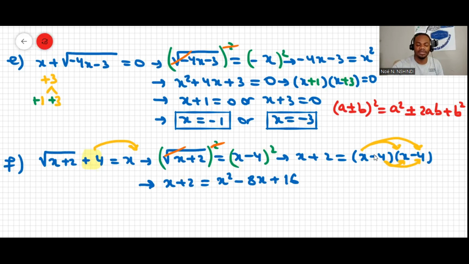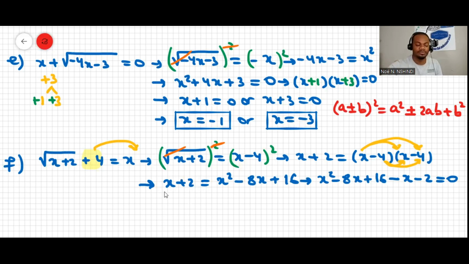Then this means if I move everything from the left to the right, it's going to be x squared minus 8x plus 16 minus x and then minus 2 equal to 0.